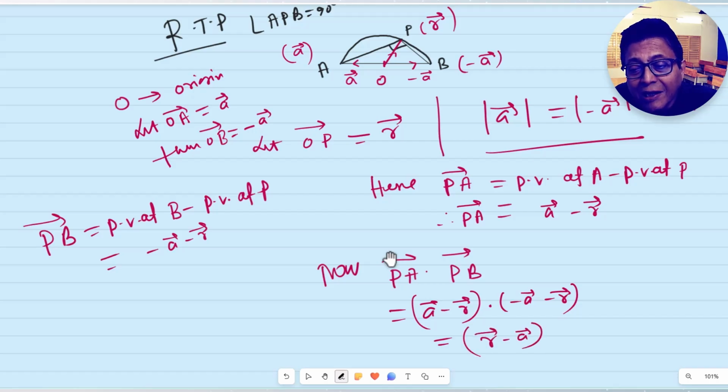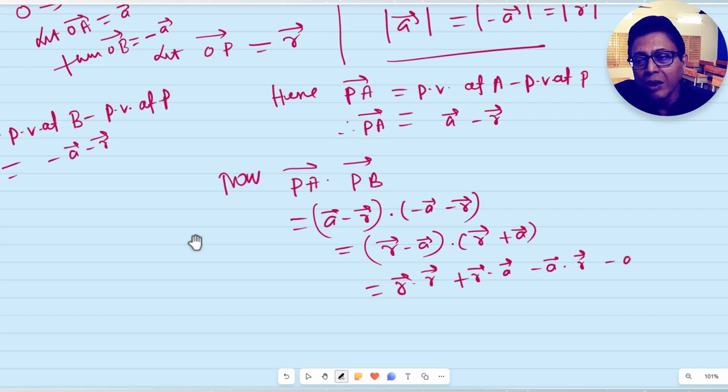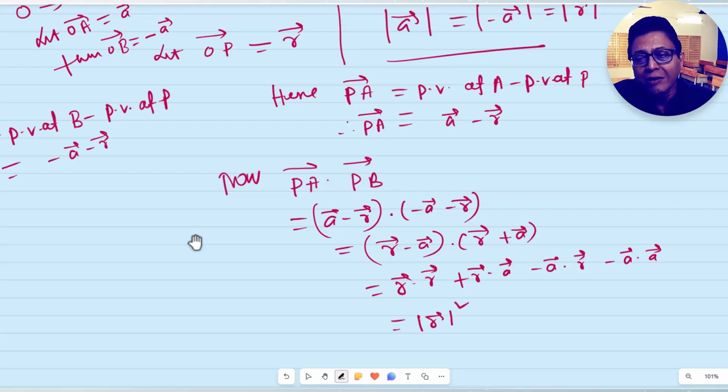It will be R minus A dot R plus A. Okay. If we go by the distributive law, it will be R dot R plus R dot A, minus A dot R, minus A dot A. R dot R is what? Mod R squared. A dot R and R dot A, they get cancelled.